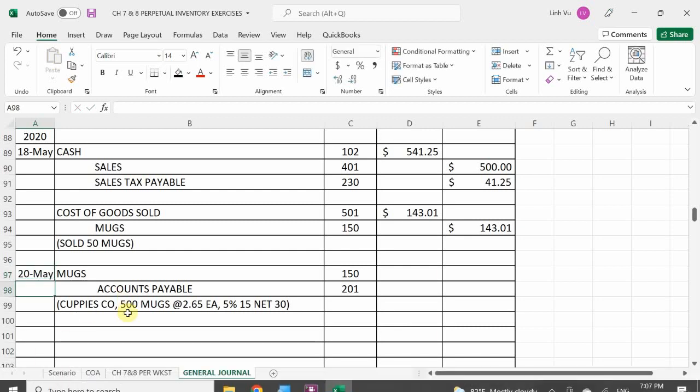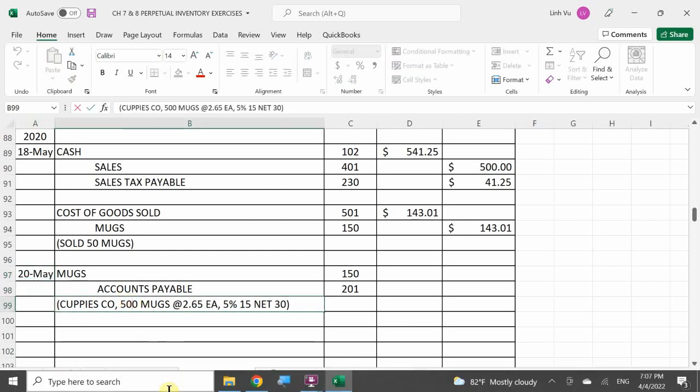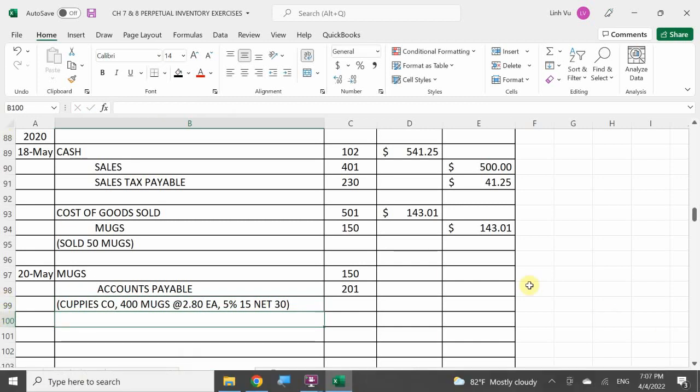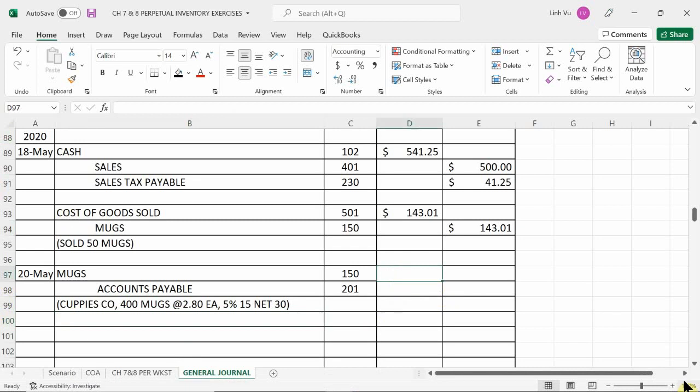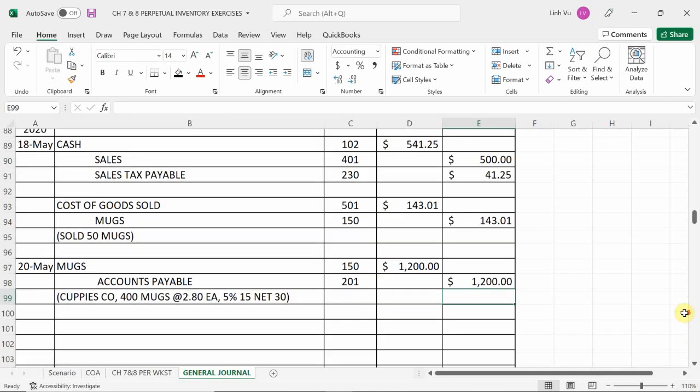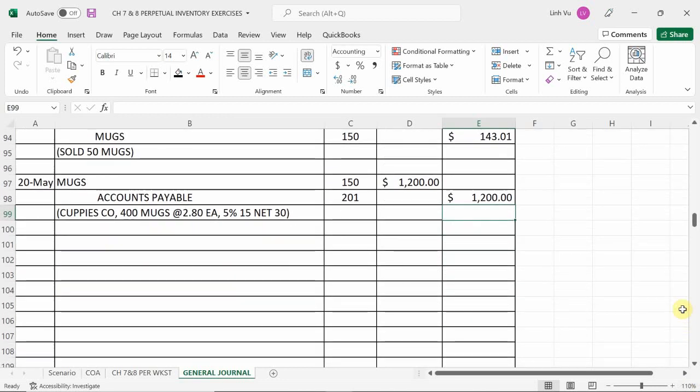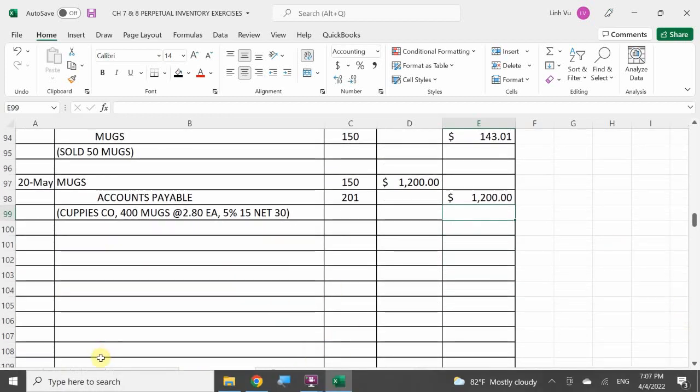This time we purchased 400 units at $2.80 each, but the terms are still 5%, 15, net 30. And my grand total amount that I owe is $1,200.